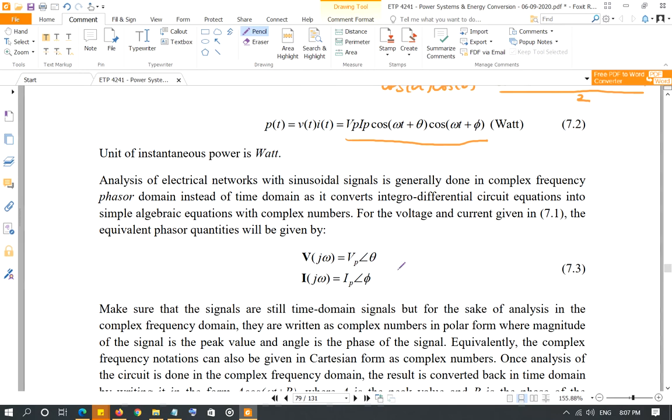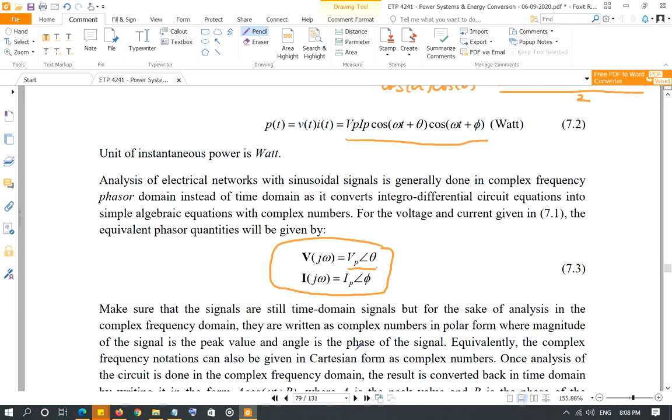Now, for a sinusoidal time domain signal, when we are solving AC circuits at steady state, if you remember from circuit analysis, we convert everything into the phasor domain, right? So Vp cosine of omega t plus theta in the phasor domain is represented by a complex number in polar form: the magnitude of the time domain cosine signal, and the phase of the time domain cosine signal.